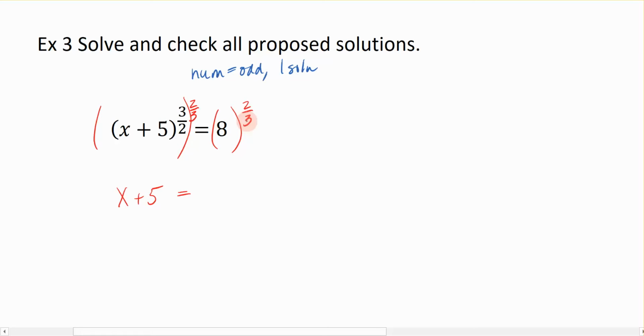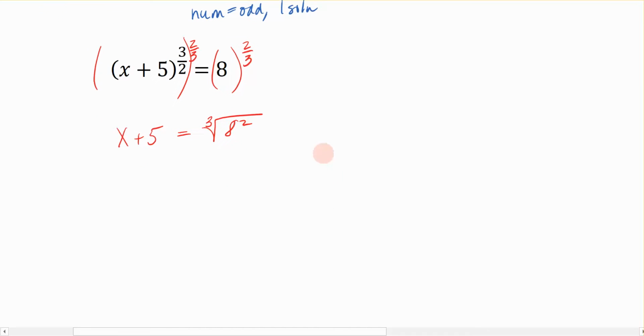Remember that the denominator becomes the index, and again this is where I usually start, it helps me remember what's going on. So we're talking about the cube root of 8 squared. Now 8 squared is 64, and I know my cube roots, the first couple of them, and I know that the cube root of 64 is actually 4.